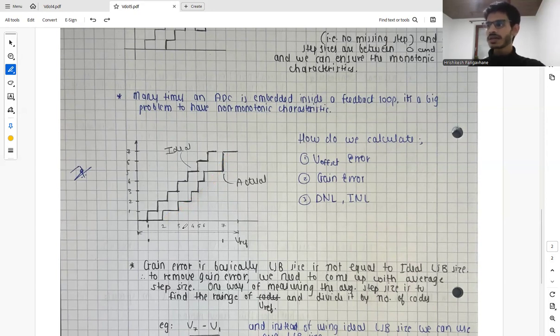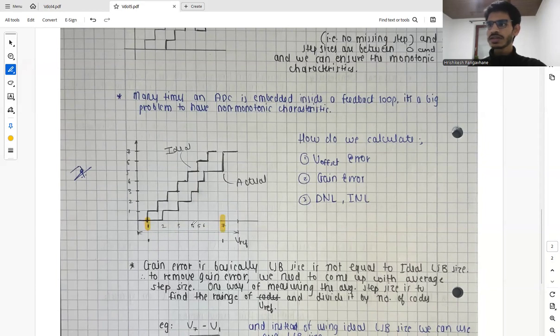There are several ways to measure the average step size, and you can do it using several methods. But one way is to find the range of the codes, this is the range of the codes, or VREF, and divide it by the number of codes. So we have the range from 1 to 7, which is 7, and we get, let's say, V1 and V7.